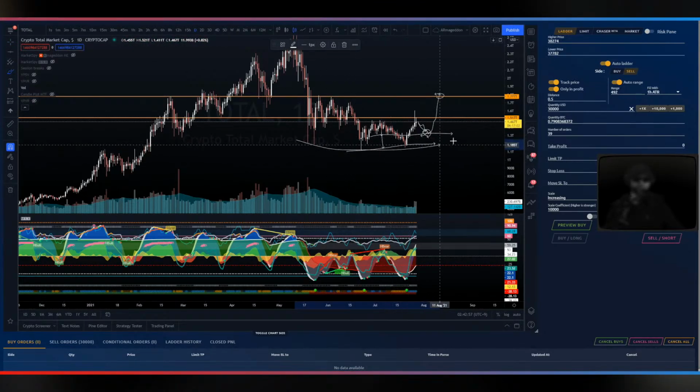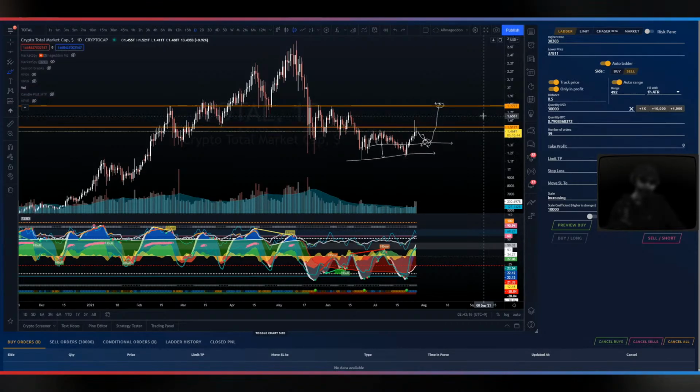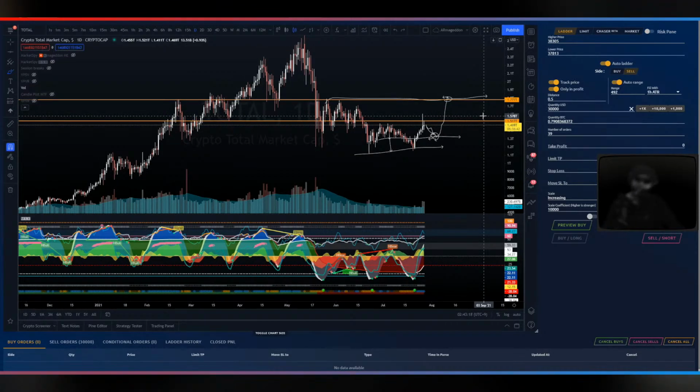There's a rounded formation that's going to be looking like this. So any pullback, money exiting, will be recycled and re-entered, and we'll have that break, I think. I don't know if you can see it, but that's how I'm speculating on this, watching where the money is and what the signal is showing us here.